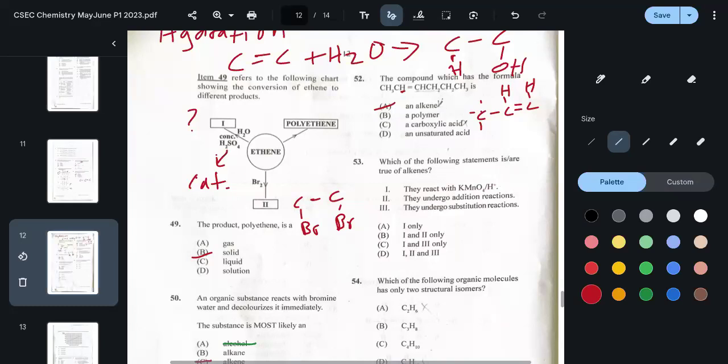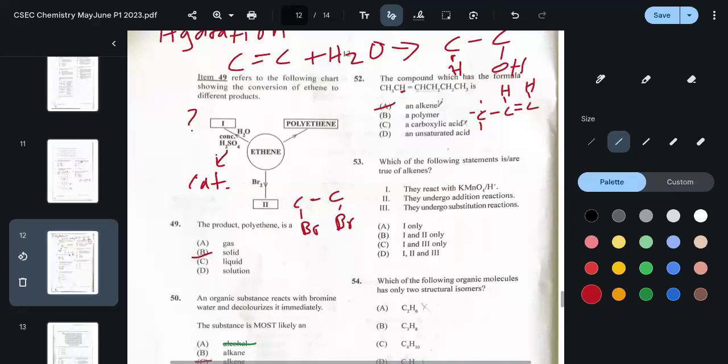That should help you to answer this. Yes, they can, because remember, we can use potassium permanganate or bromine water to differentiate between alkanes and alkenes.